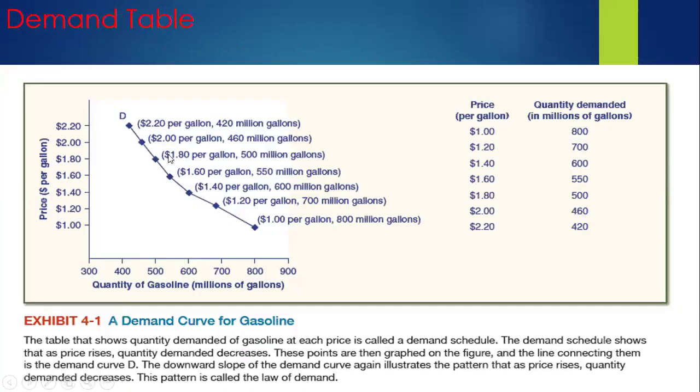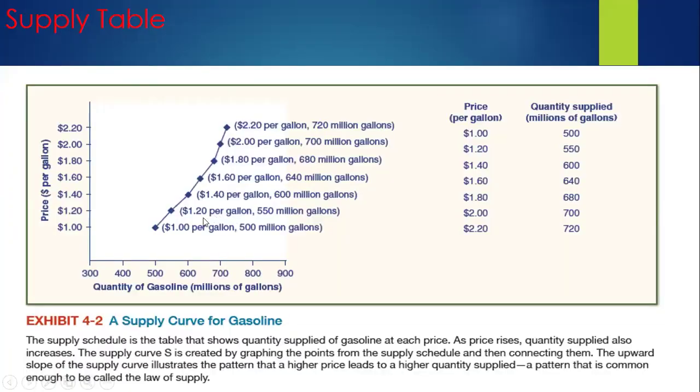Unlike the demand, which is inverse: high price, low quantity, low price, higher quantity. So it's high, low, low, high. That's for demand. And for supply, it's direct: high, high, low, low. So it's a direct relation for the supply.